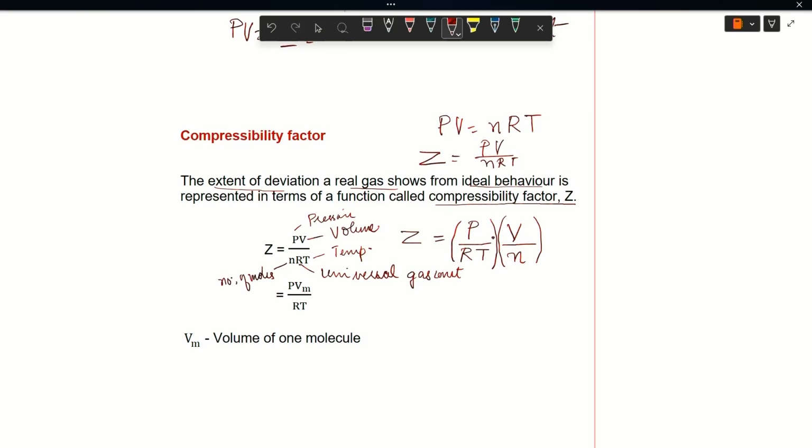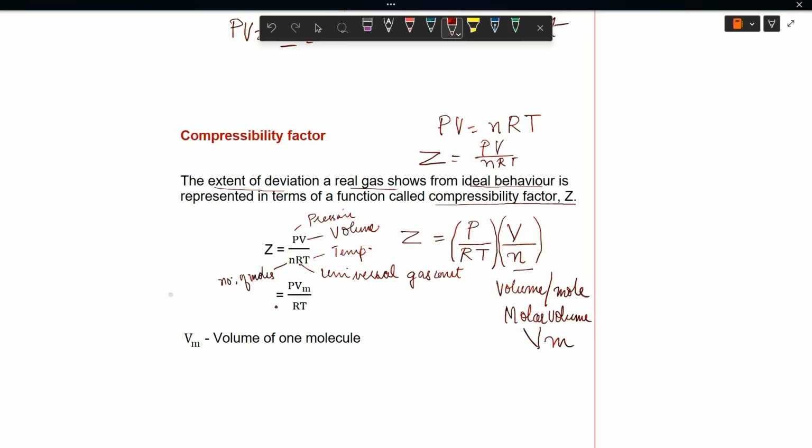We will get the volume of 1 mole of a gas, because this is the total volume of the gas which contains n moles, and dividing V by n will give you volume per mole, or I can call that the molar volume, which is represented by the term Vm. So, substituting that, I can write the equation Z is equal to P into Vm, where Vm stands for V by n, divided by RT. So, that is it.